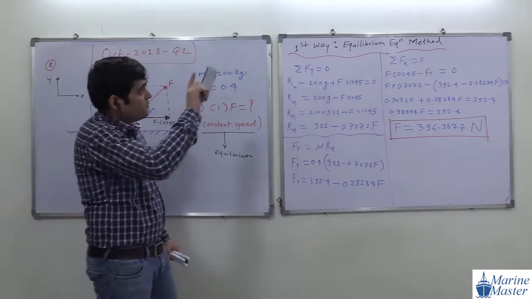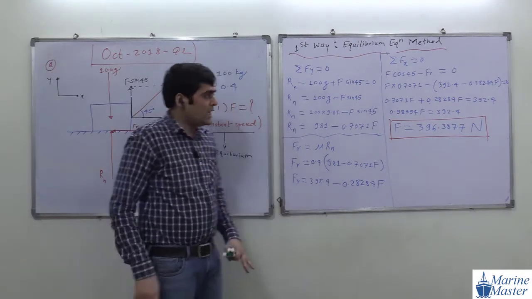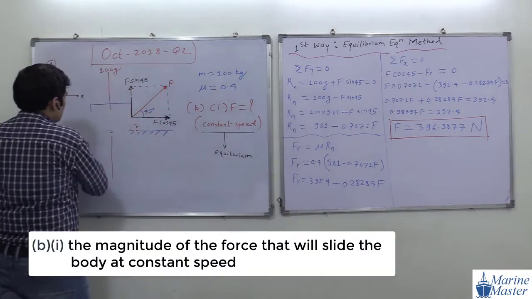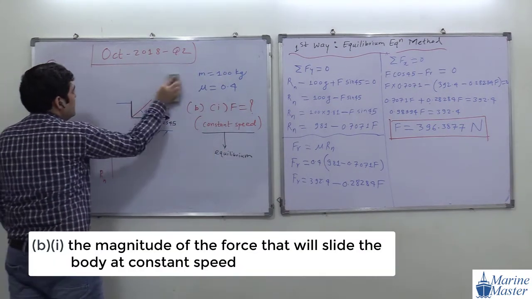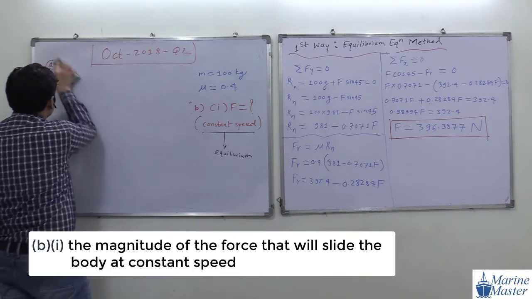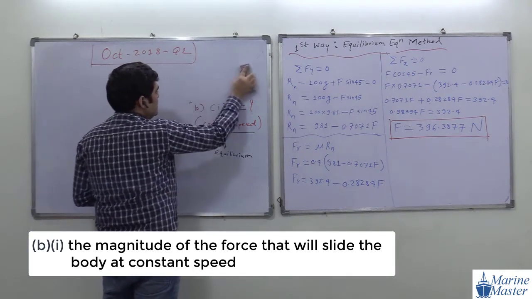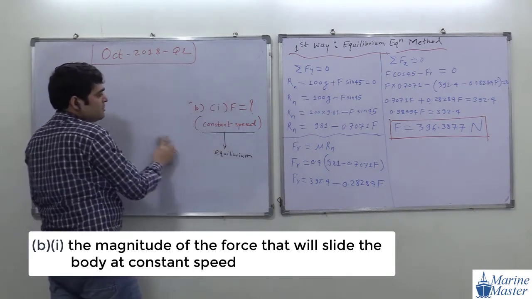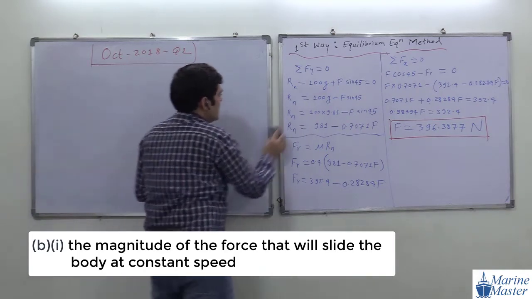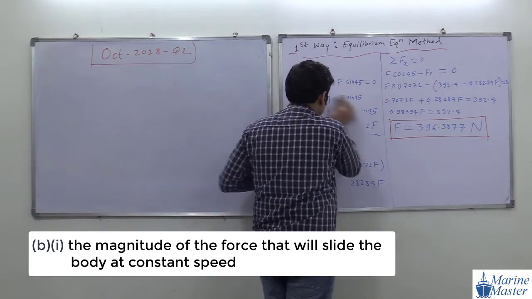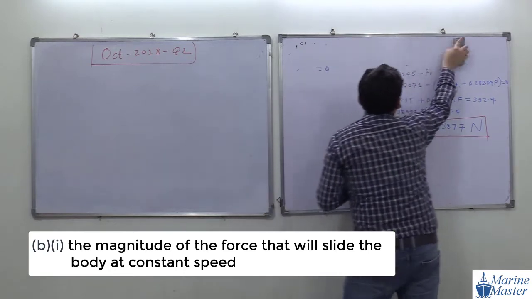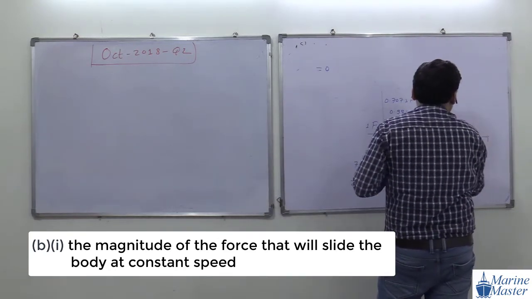Now guys, this is the first way to find out F. The second way is what? Guys, we are going to deal with the second way to find out F. Still we are in B's first part. What is our target in B's first part?